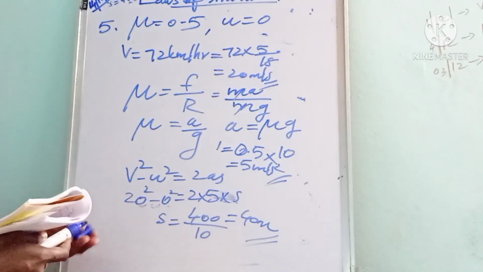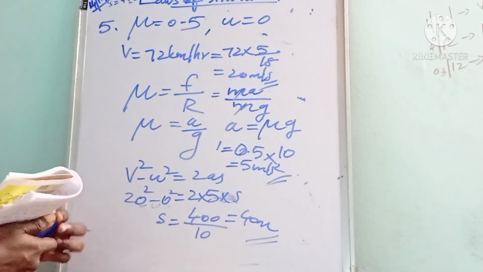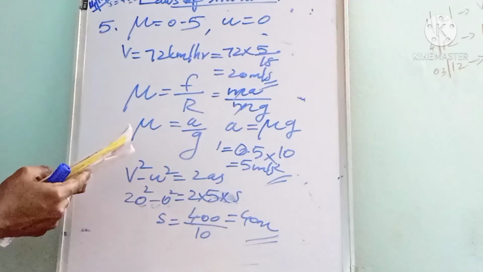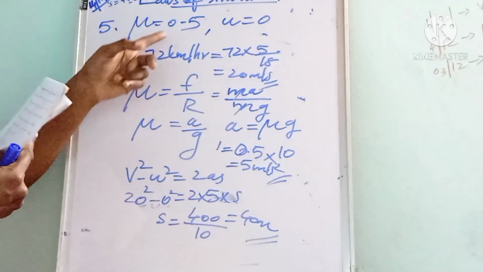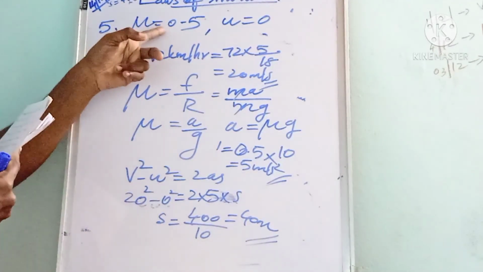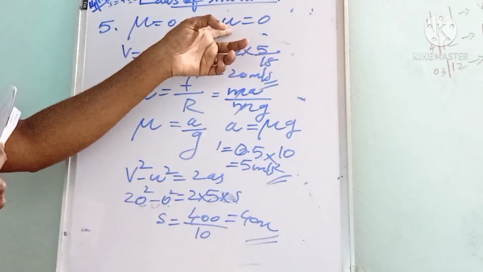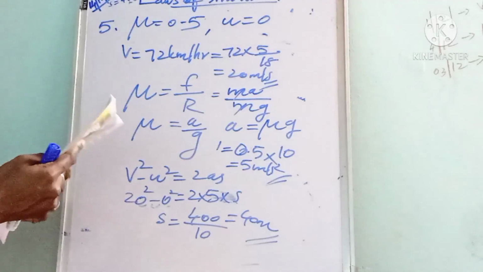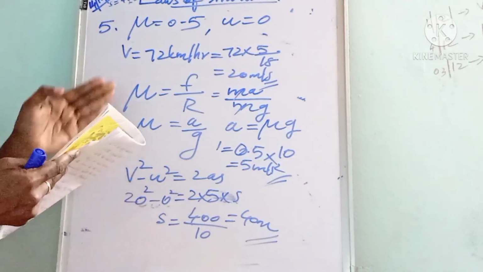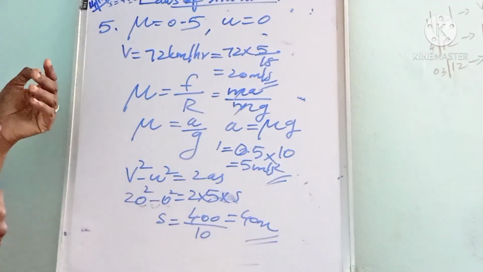Listen to it here. In the question, the coefficient of friction between the ground and the wheels of a car moving on the horizontal road is 0.5, that is, mu is taken as 0.5. The car starts from rest, so its initial velocity u equals 0, and it acquires a speed of 72 km per hour.